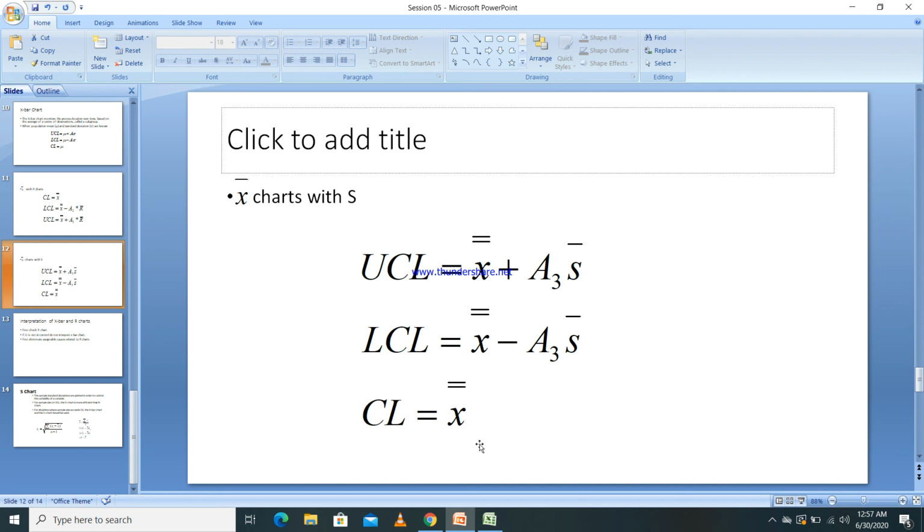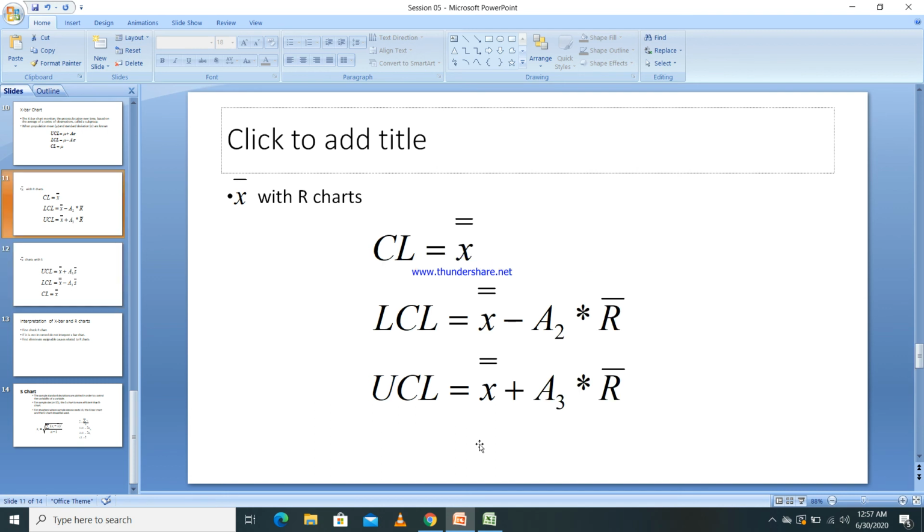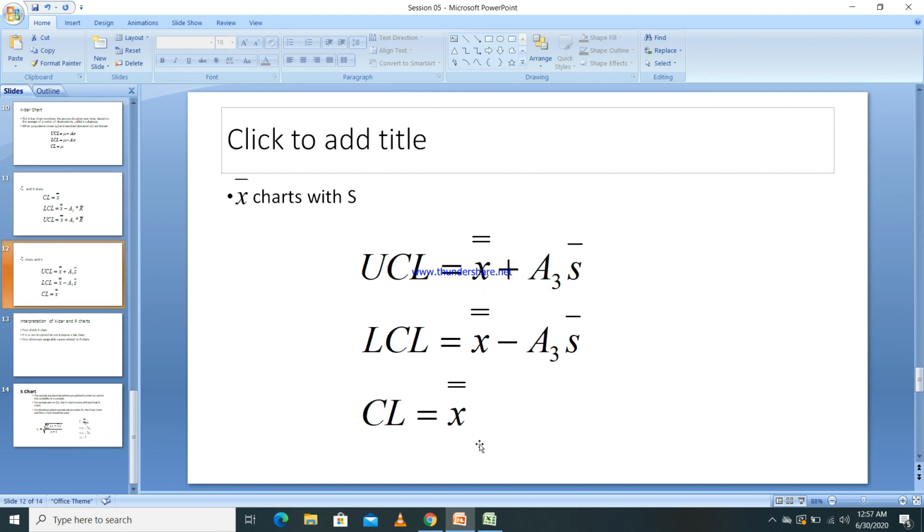If you are constructing the S chart, these are the formulas for control limits. When you construct the X bar chart with R, that is range, you are using R bar here. So we have replaced R bar by S bar when you use the S chart.